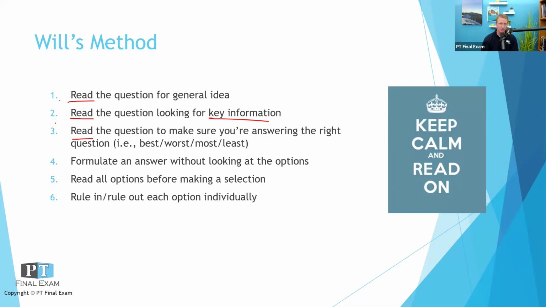And so ideally, after you've done the quick 3 read method, you should be able to then formulate in your mind, if not the actual answer, at least the characteristics of the answer, saying that, all right, I know that, like yesterday, we did a question about blood glucose. Well, even if you didn't know precisely which answer was correct, you could at least say, all right, I know blood glucose needs to not be too low nor too high.